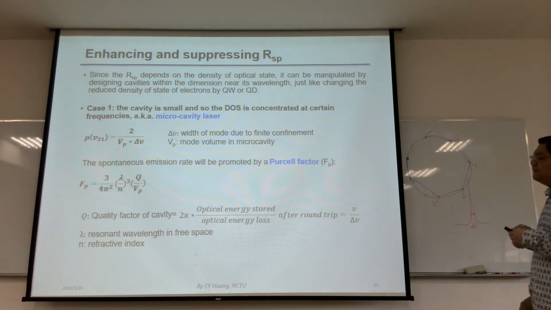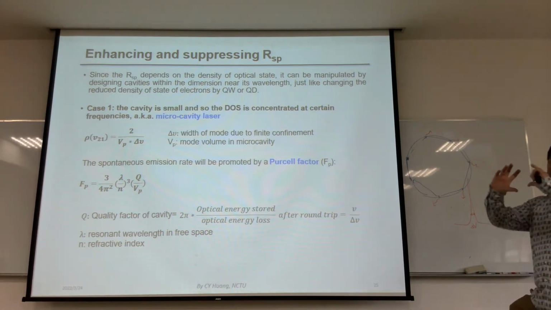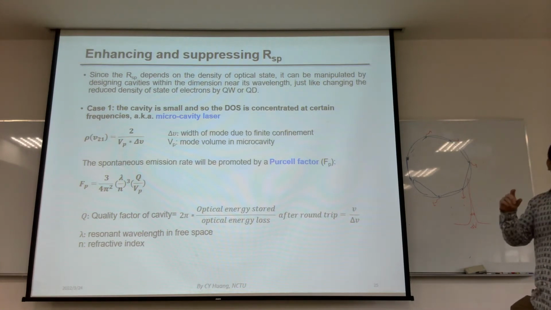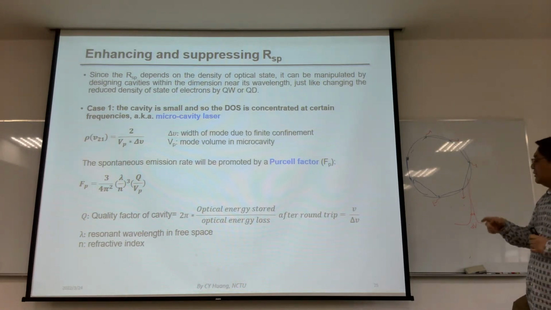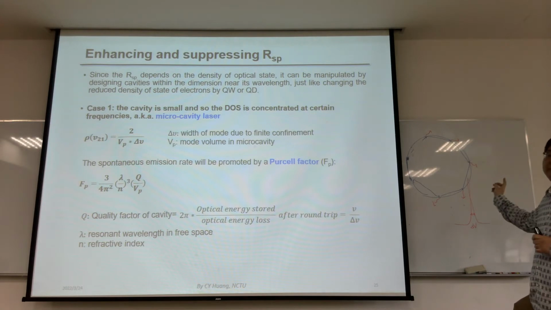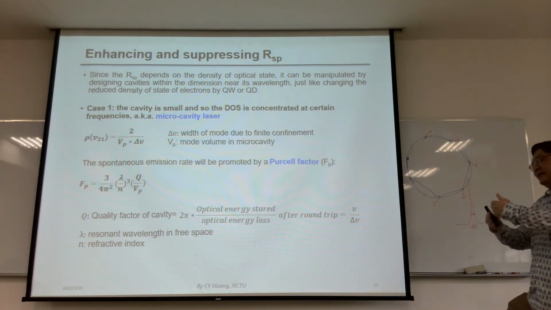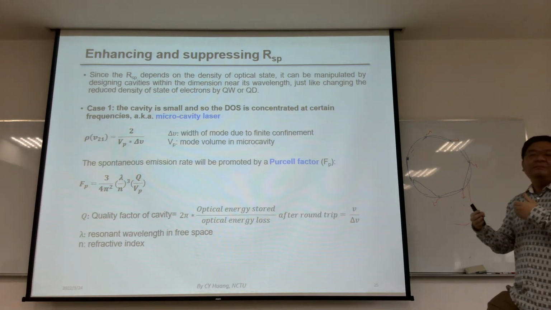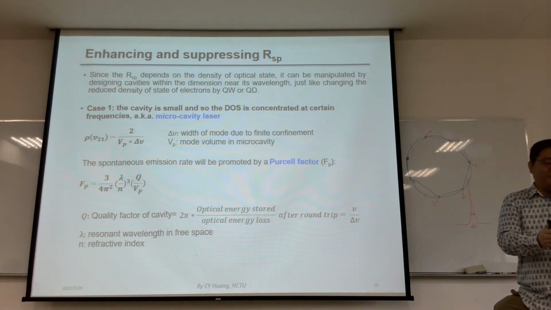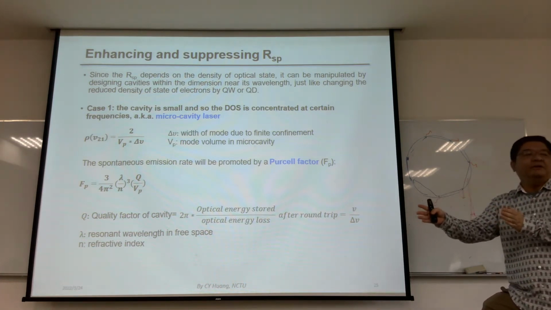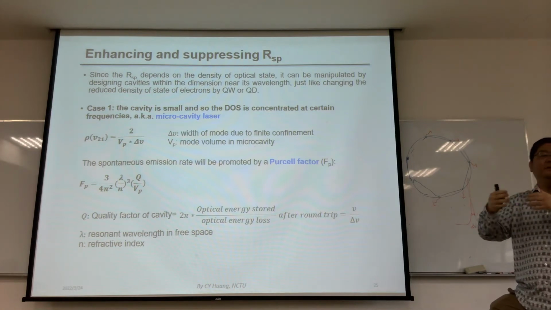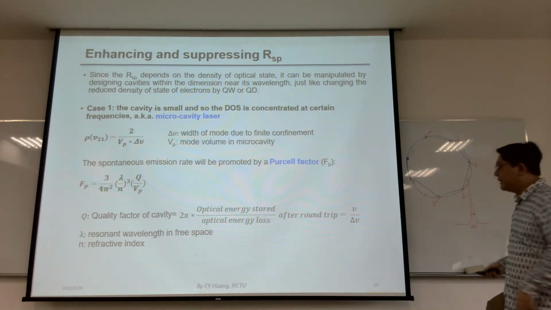If you have a small cavity with spontaneous emission at a very high quality factor, this mode will also be your lasing mode. If the definition between spontaneous emission and stimulated emission becomes blurred, two things will eventually become one thing.